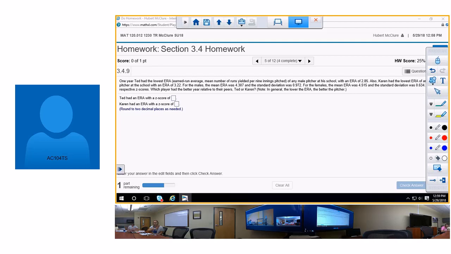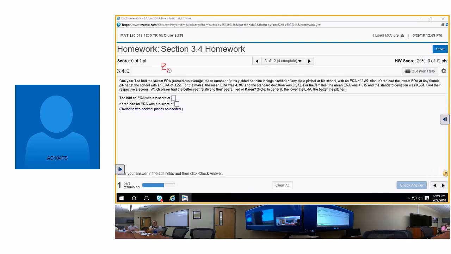Okay, so the guy had 2.85, and the average for the males was 4 point what? And that's over 0.972. All right, somebody give me that and give me like 4 digits.